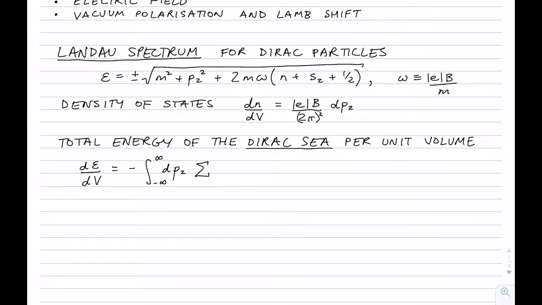So we have to sum up over the entire Dirac Sea. That's states from n equals 0 to infinity, and s equals plus or minus 1/2, of eB over 2 pi squared, square root of m squared plus pz squared plus omega.